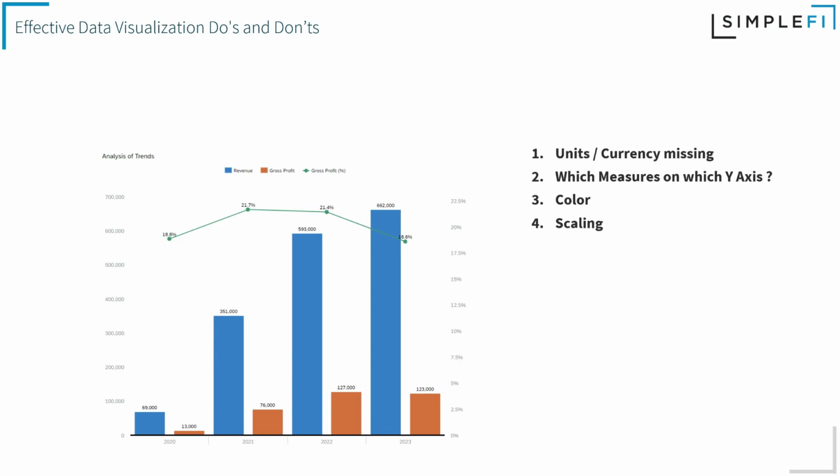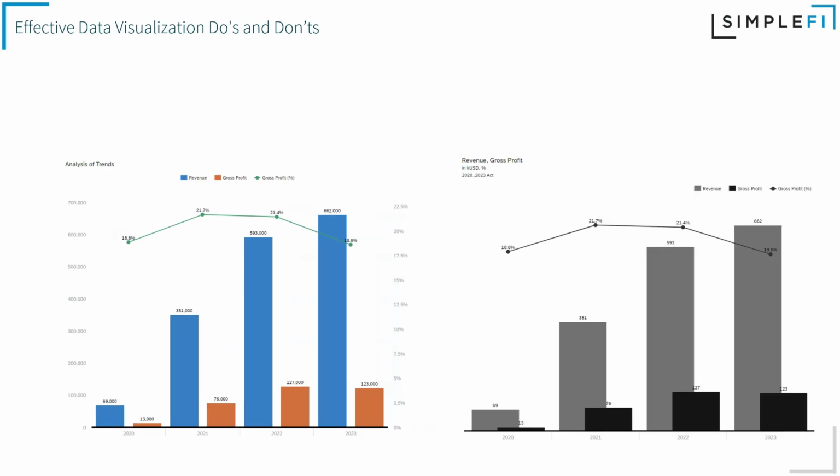So here's an example on the right-hand side, the same information, but I would suggest less confusing. We started using fewer colors. We got rid of the dual axis, and we're using data points, which are much easier to communicate and much easier to read.